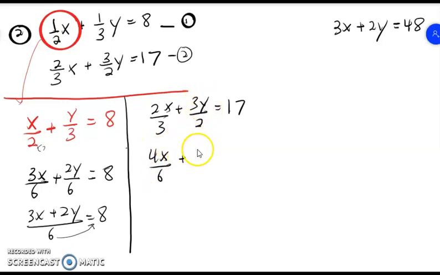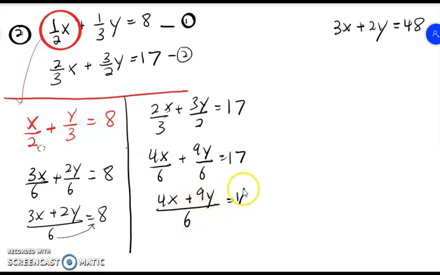Here multiply with 3 up and down, and you got 9y over 6 equals to 17, and here we make it into the same. Simplify this over 6, 17. And then please don't forget the 6 will move up and multiply with the 17.